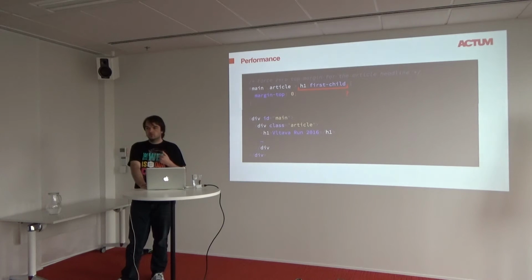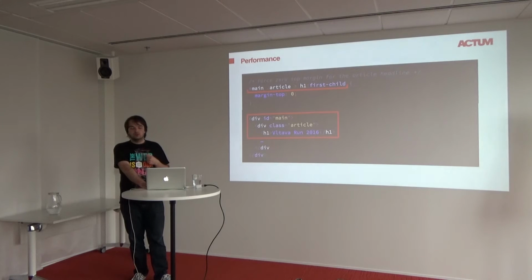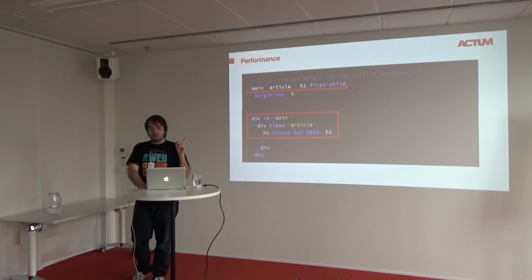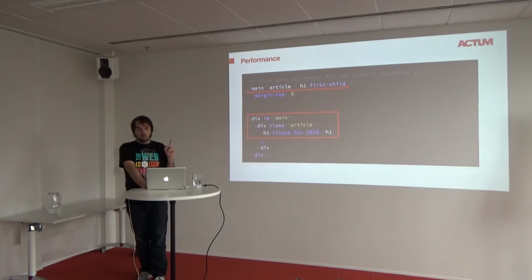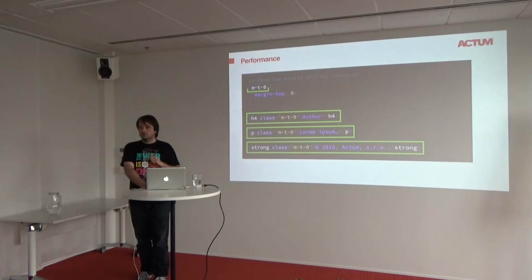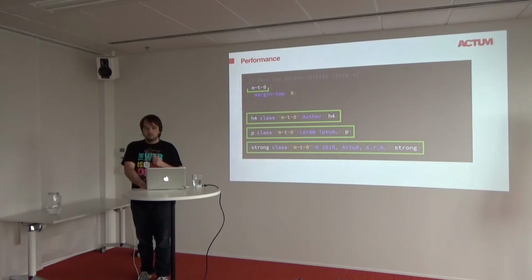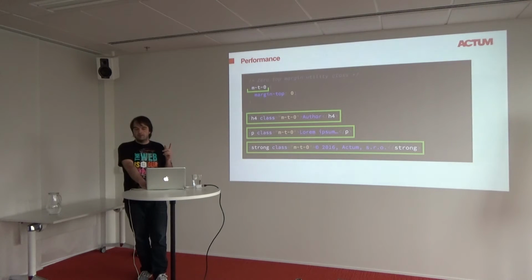It starts with the rightmost one and continues upwards until it finds the element it should style. Okay, this is the poor example, the slow one. Now with our reusable class, it looks like this, just one step. It needs to find just one class in one step. Much better. So this is regarding browser rendering performance.